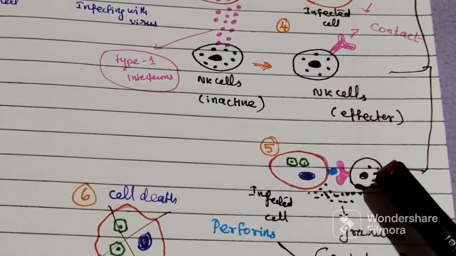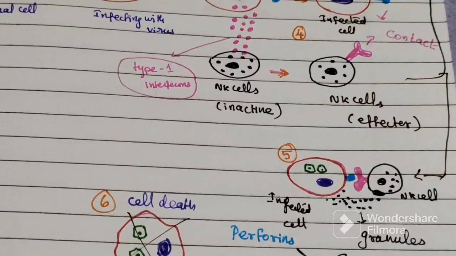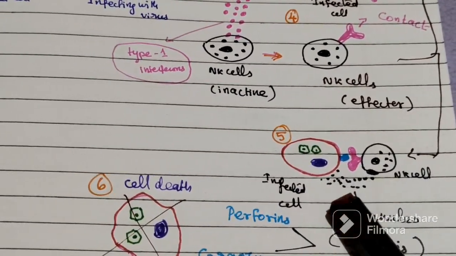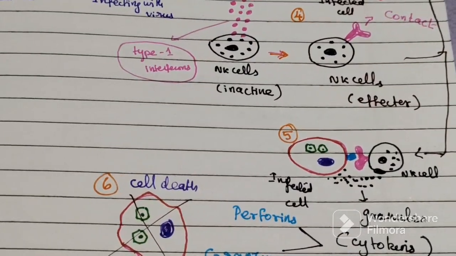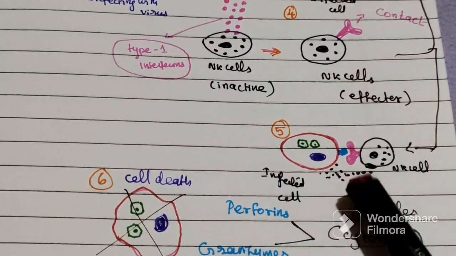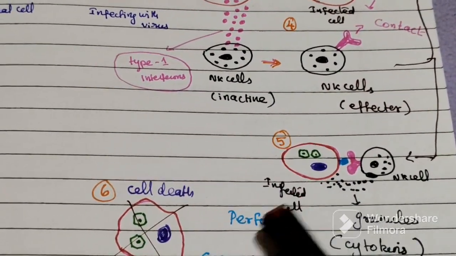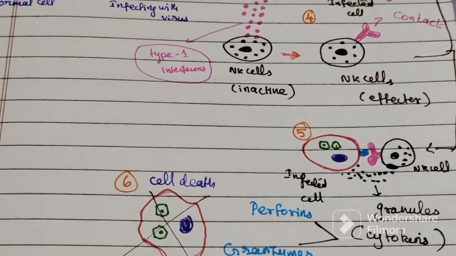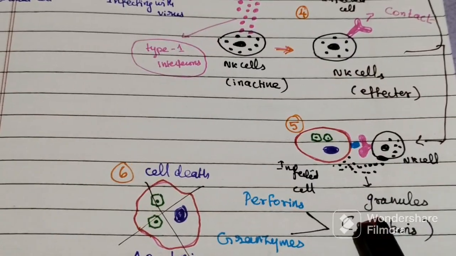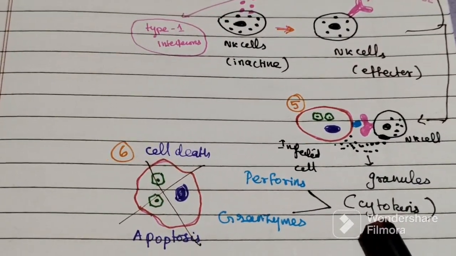Once contact is made between the two cells, the NK cell releases granules. These granules attack the infected cell and give the NK cell its capacity to break it. Granules are nothing but cytokines.